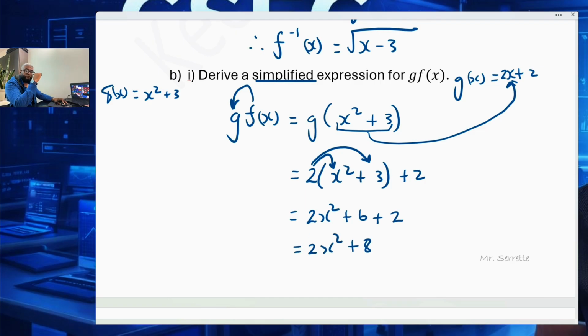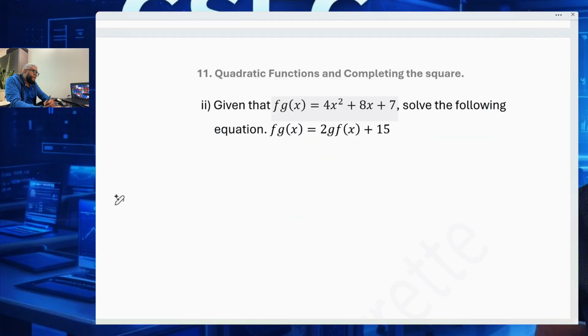Everybody good there? They said that f g of x is equal to 4x squared plus 8x plus 7, right? They told you what f g of x is here. Then they gave you an equation and asked you to solve the equation. To solve the equation means to find the value of the unknown variable.